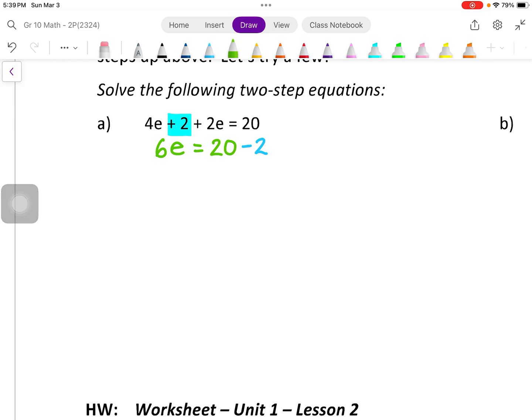So I'm going to have the e left. I'm going to simplify. 20 subtract 2 is 18. And now I'm going to move the 6 over, so the opposite of multiplying by 6 is to divide by 6. And 18 divided by 6 is equal to 3.